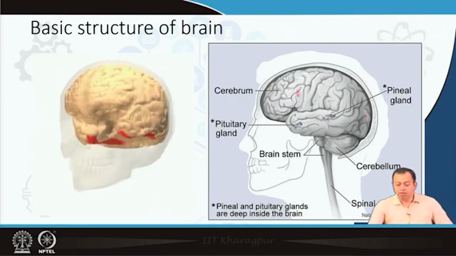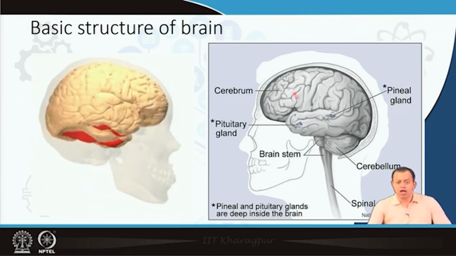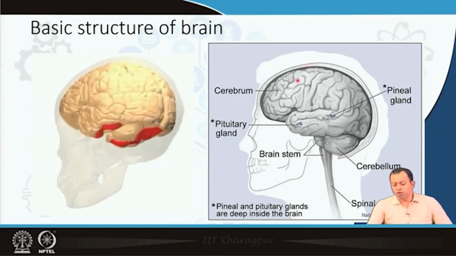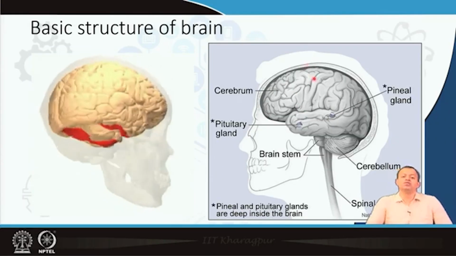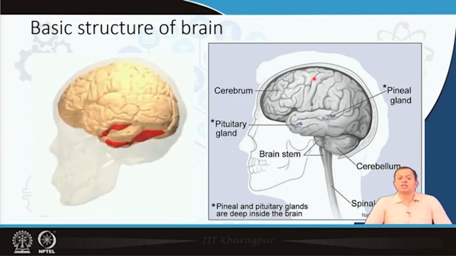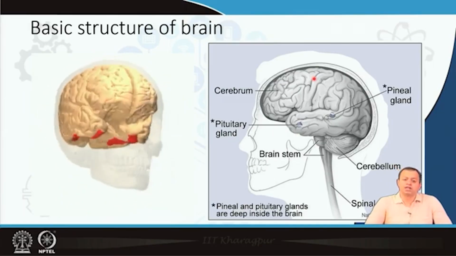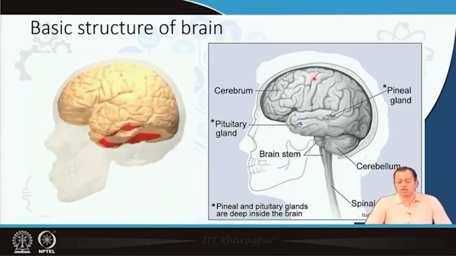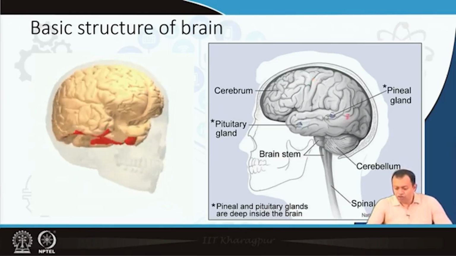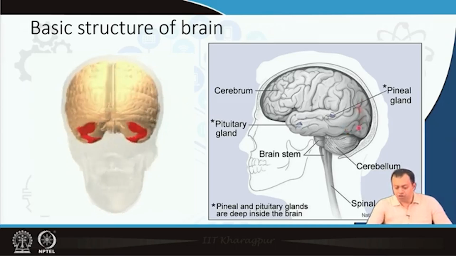The frontal lobe deals with short term memory, attention, concentration, etc. The parietal lobe mostly deals with integration of sensory cortex, the information that is sent by different sense organs, your eyes, your ears, etc. They are integrated and processed here, though most of the vision is in the occipital region.